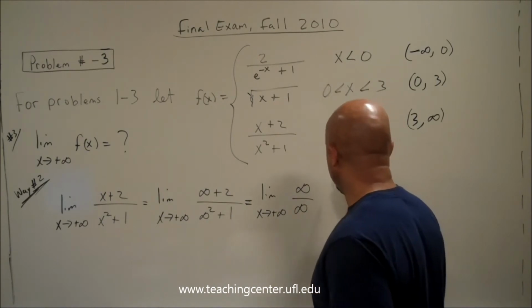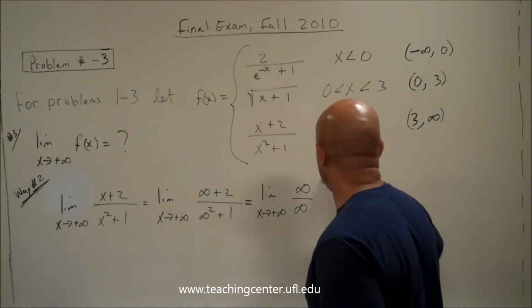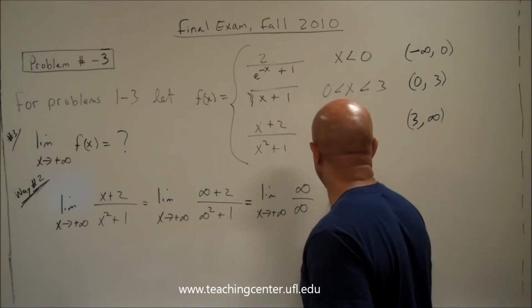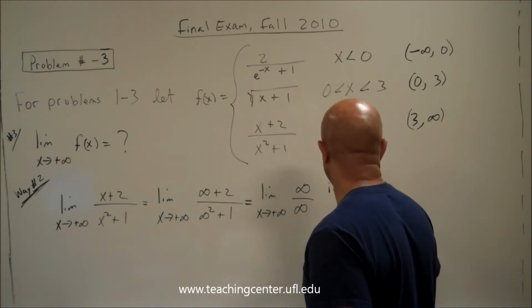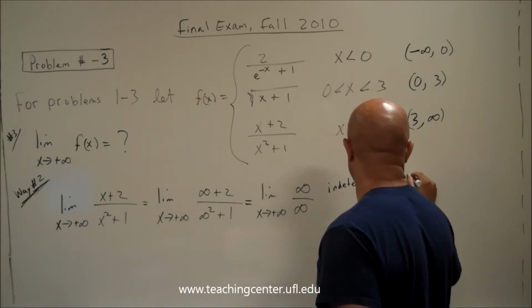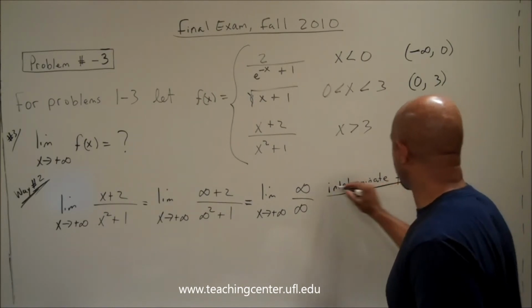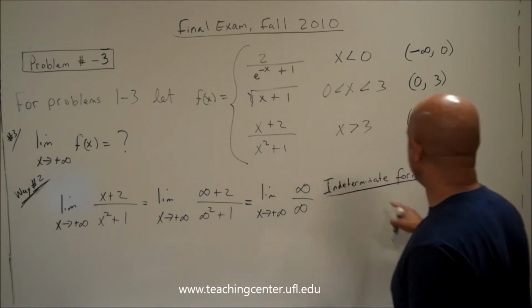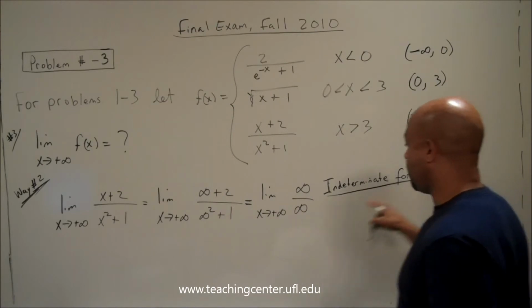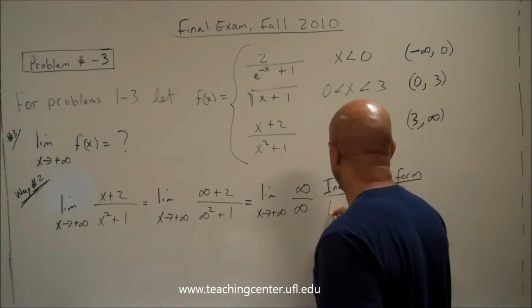And you might recognize this as an indeterminate form. Since we have an indeterminate form of infinity over infinity, that allows us to use L'Hopital's rule.